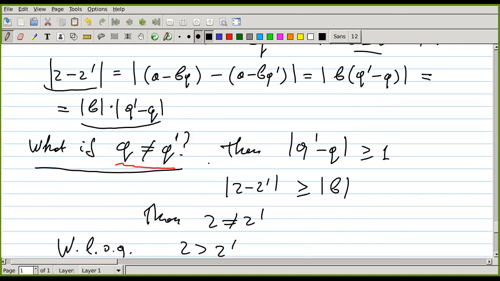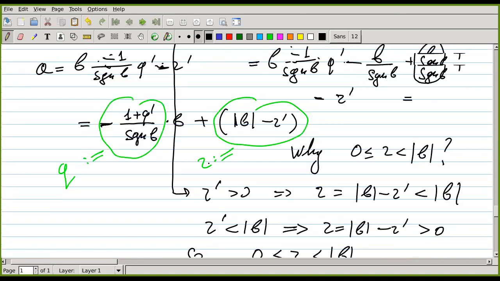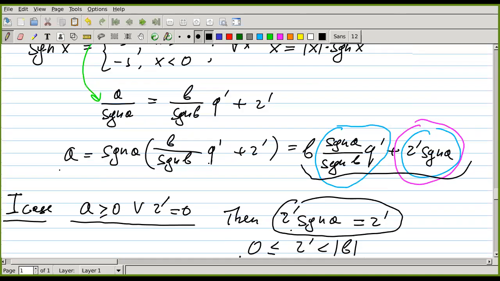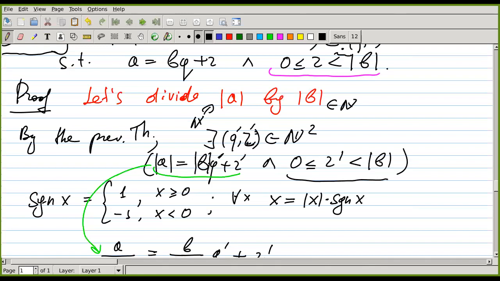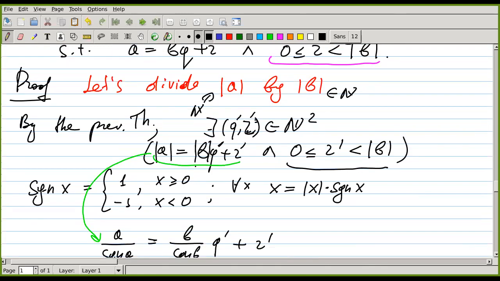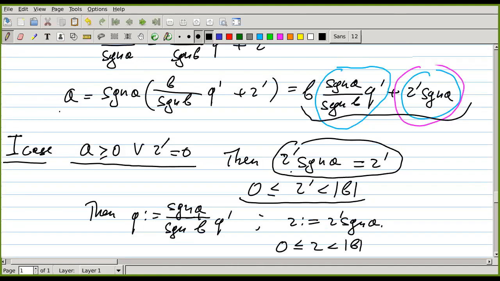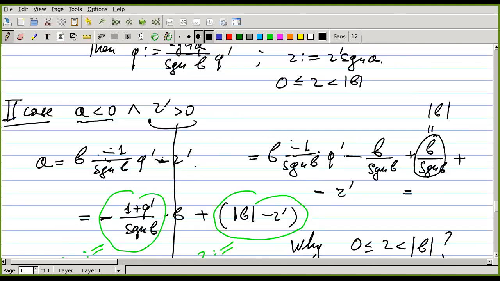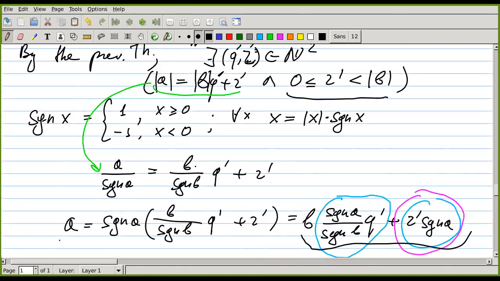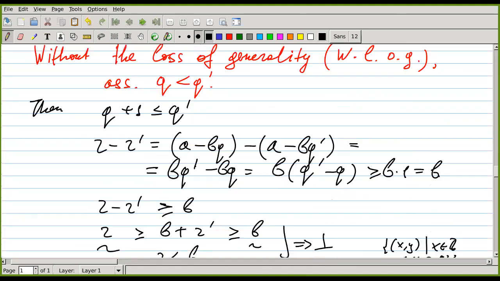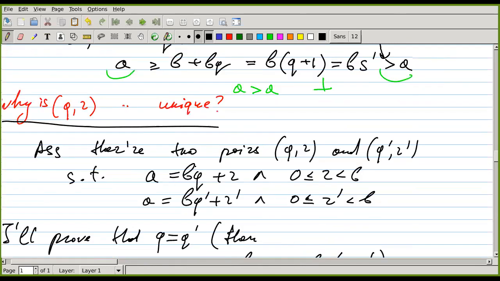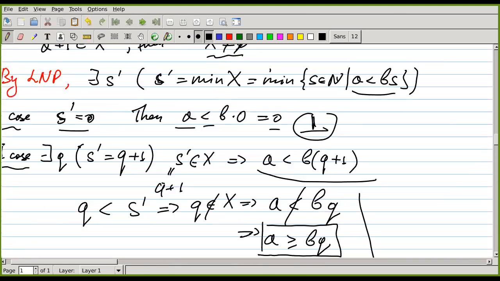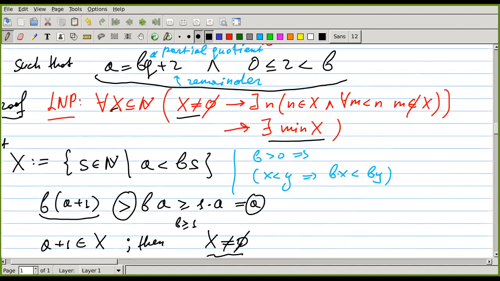In fact, our theorem provides an algorithm to divide. For integers, you should divide the absolute values and then manipulate with signs. For naturals, you have to find the least element in X. How is it possible?